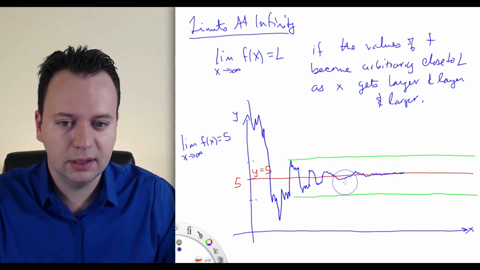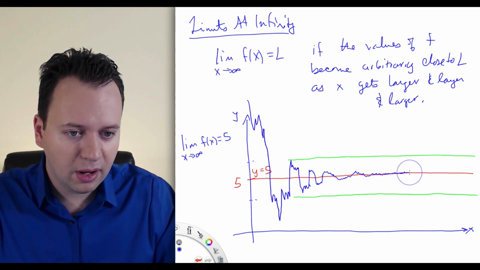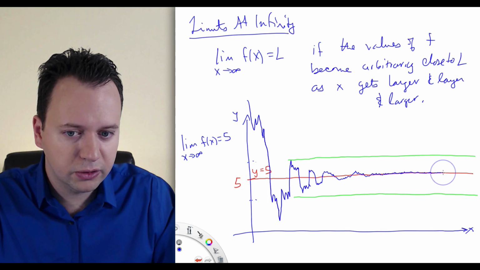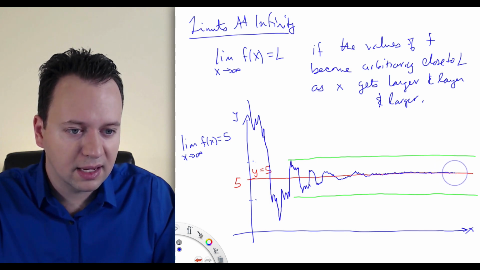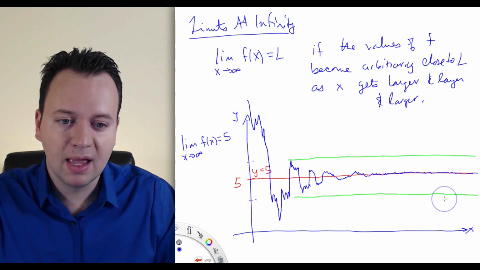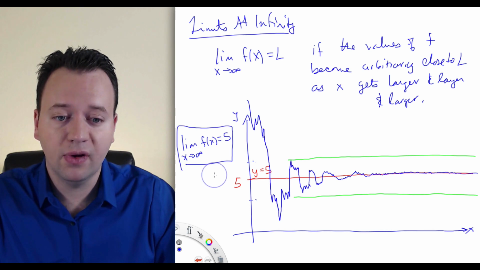Here you see that the f values equal 5 once in a while. I might not actually level out, but I'm always going to get closer and closer to y equal to 5 as x gets larger and larger. So we say the limit as x goes to infinity of f of x is equal to 5.